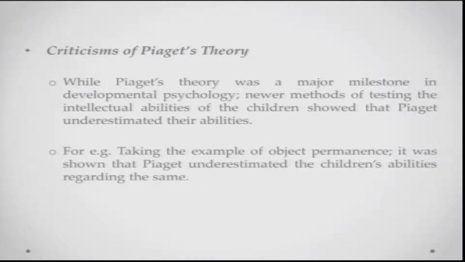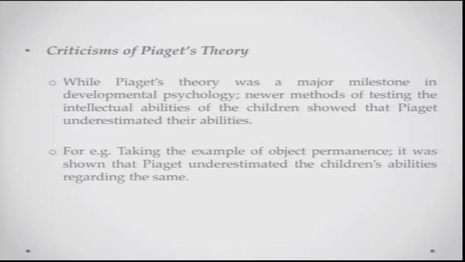Now let us talk a little bit about criticisms of Piaget's theory. While Piaget's theory was a major milestone in developmental psychology, newer methods that followed him brought new ways of testing the intellectual abilities of the child, and they showed that Piaget probably underestimated children's abilities.